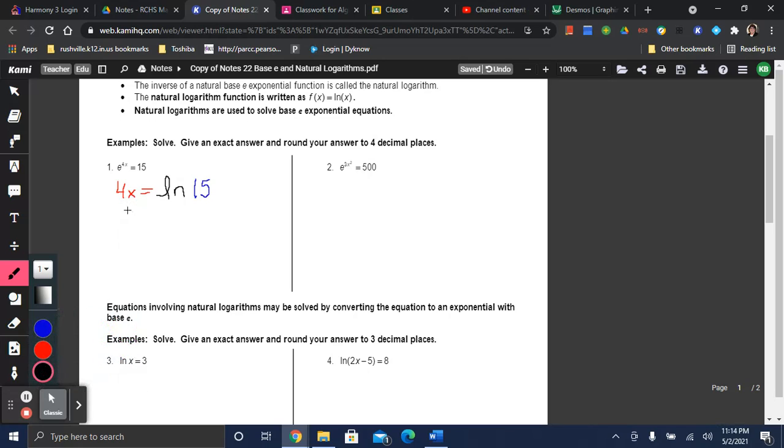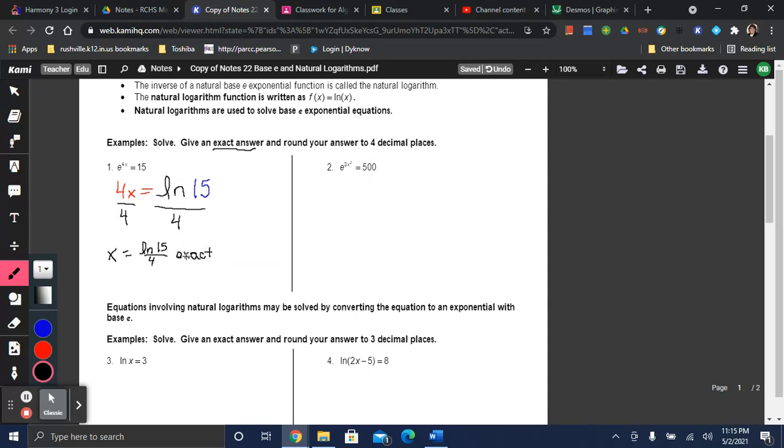Now really, to solve for x, we need to divide both sides by 4. And I'm showing you this because we're asked to give an exact answer. So the 4's will cancel, and we'll get x equals the natural log of 15 divided by 4. This is the exact answer.